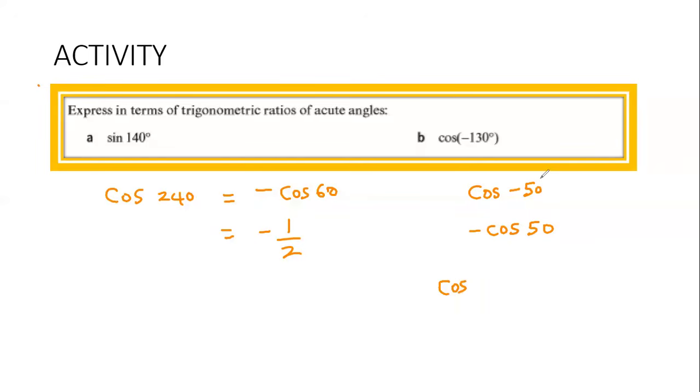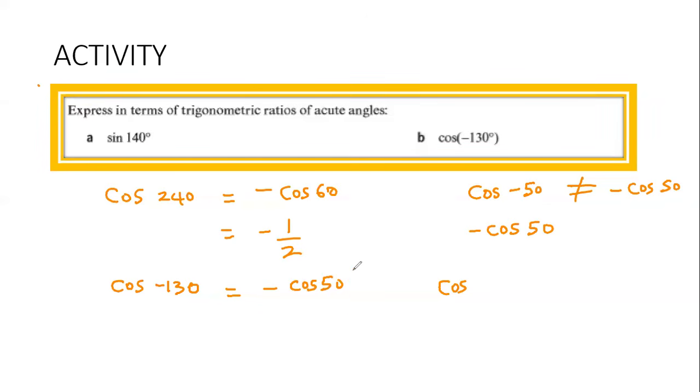Just press the calc. You'll get different things. It is cos of negative 130 that is equal to negative cos of 50.